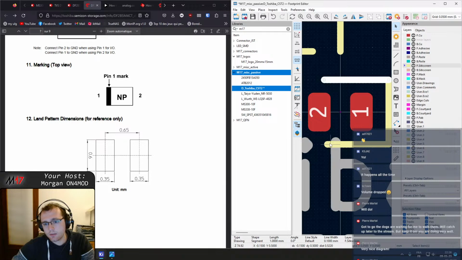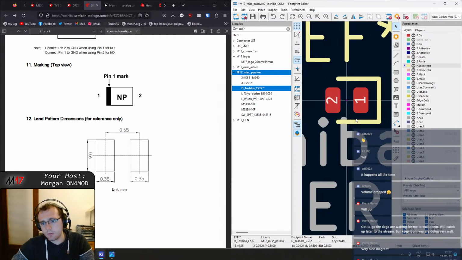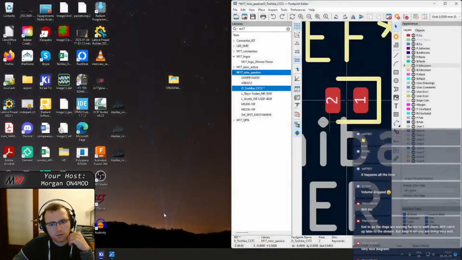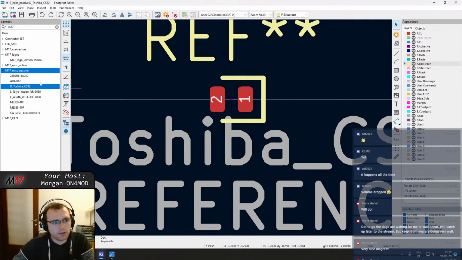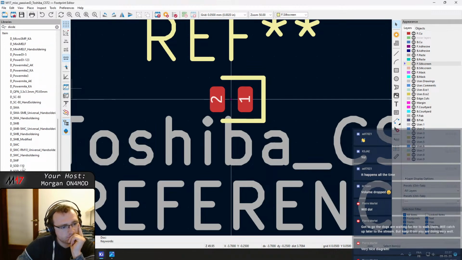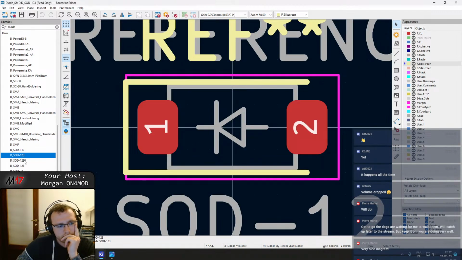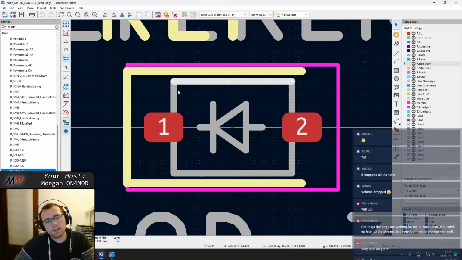Okay, and oh no, I guess this will be good enough. Will it? Let's see. What do the other diodes look like? They add this kind of thing.